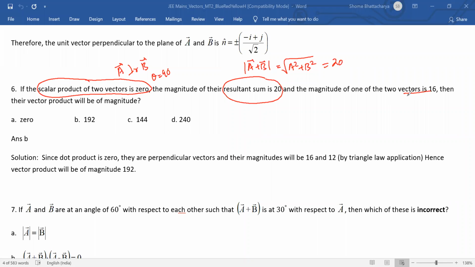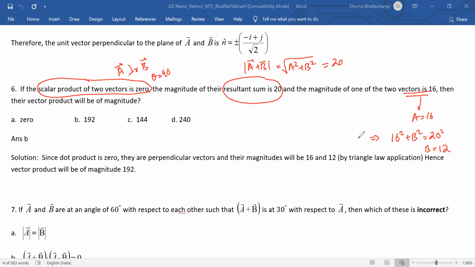And one of the vectors is, let's say A is 16. Now we can find B. Okay, so 16 square plus b square is equal to 20 square. So obviously b will come out to be, now in general it's plus minus, but here b is a magnitude of a vector, so it should not have algebraic sign, so it will be 12. Okay, so now we know this.